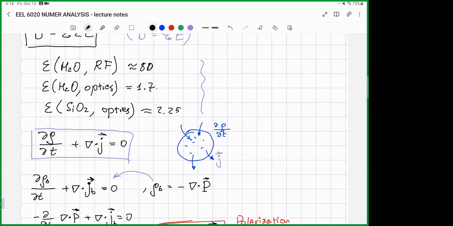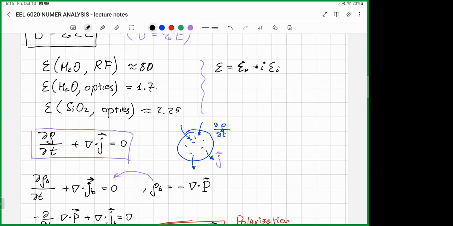And in general case, epsilon is equal to epsilon real part plus imaginary unit times epsilon imaginary part.